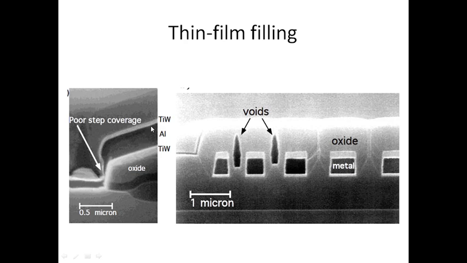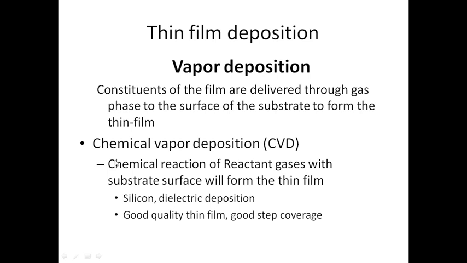So these are the layers that have been deposited, but over here it is a very poor step coverage. On the horizontal side we have a good thickness, but on the vertical side the thickness is very poor. So this ends up in failure of this entire deposition.